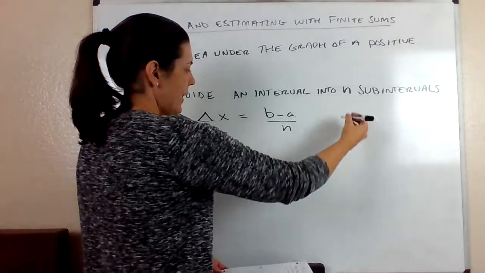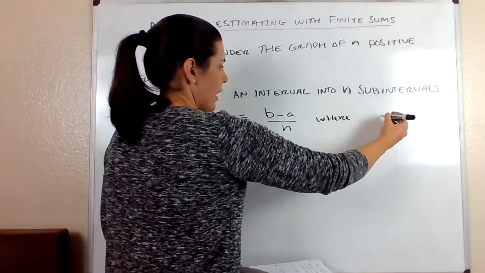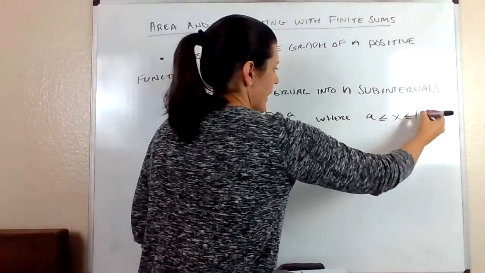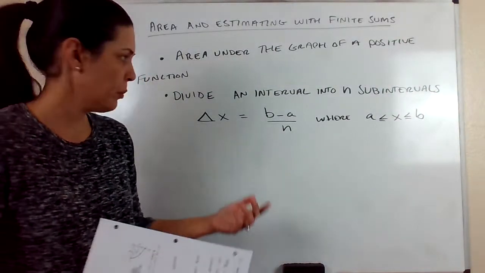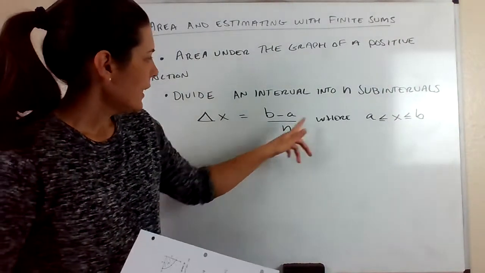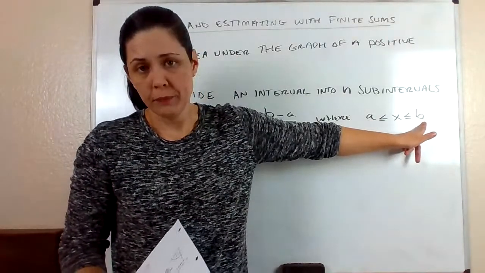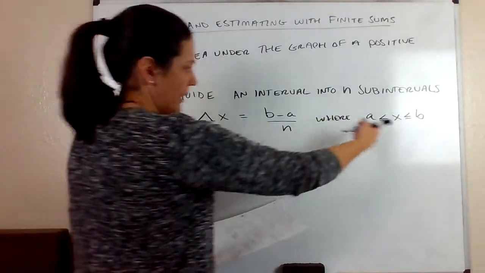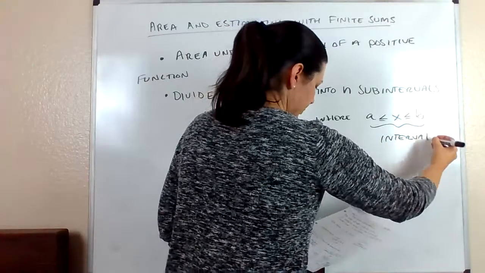And then the b minus a part, let me say what that is, where x is between a and b. That's for your interval. So for this example that I'm about to show you, this would have been the 0 and that would have been a 6. Okay. So that's our interval. Let me just make that very clear. So this is our interval.